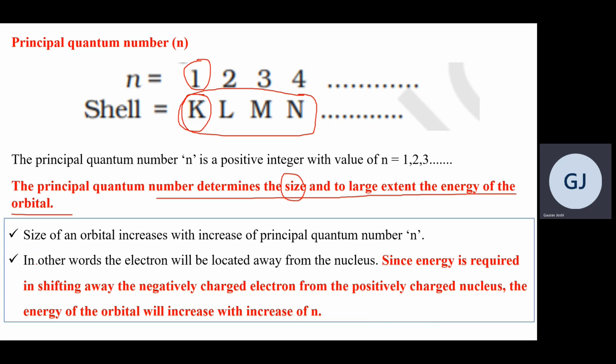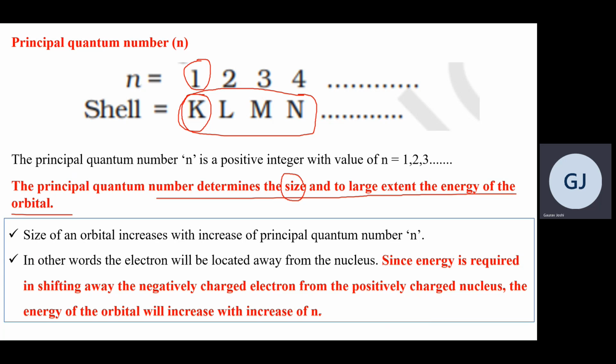Then what we have now: the size of an orbital increases with an increase in the principal quantum number. We have discussed this. In other words, the electron will be located away from the nucleus. Since energy is required in shifting the negatively charged electron away from the positively charged nucleus, the energy of the orbital will also increase with the increase of n.